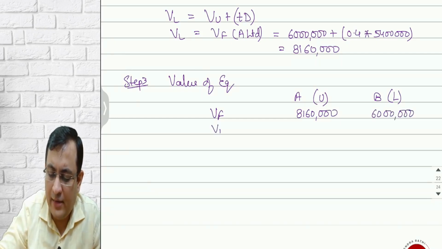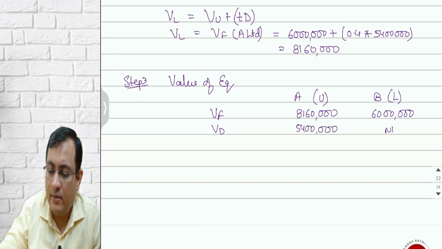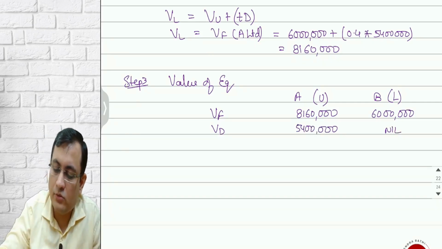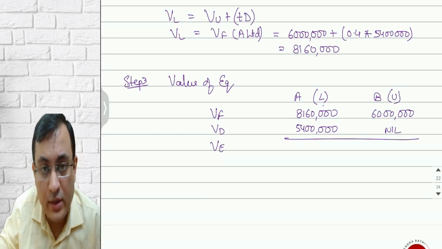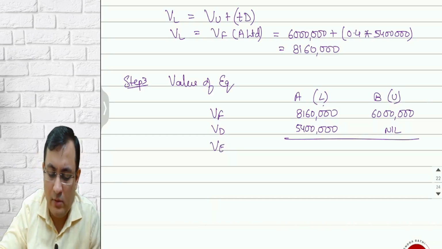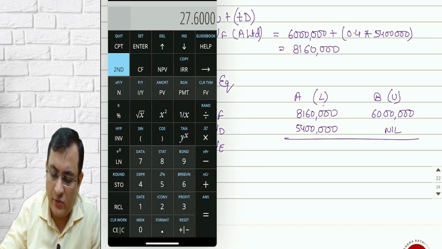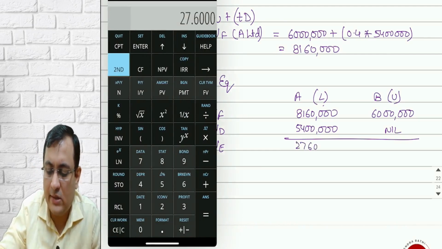Subtract value of debt, here it is 54 lakhs, here it is nil. I have used wrong symbols. So A is our levered company and B is our unlevered company. So the value of equity shareholder security in this case will be equal to 81 minus 54 is 27 lakh 60,000, and in this case it will be 60 lakhs.